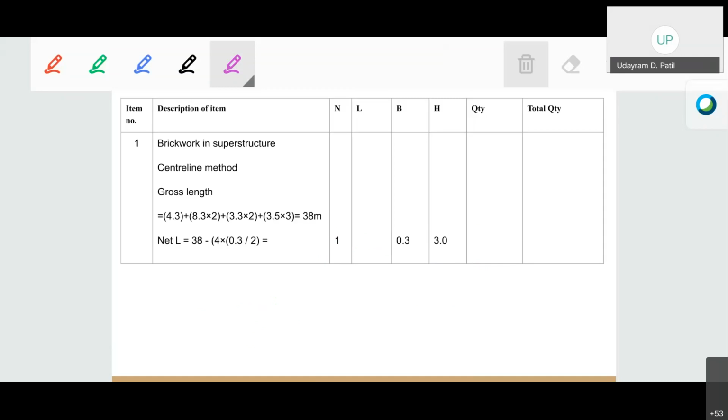So the quantity of the brickwork is 33.66 meter cube. Now, from the brickwork, we have to deduct the openings. Okay, area of the openings. We have to deduct the quantity of the opening from the brickwork.